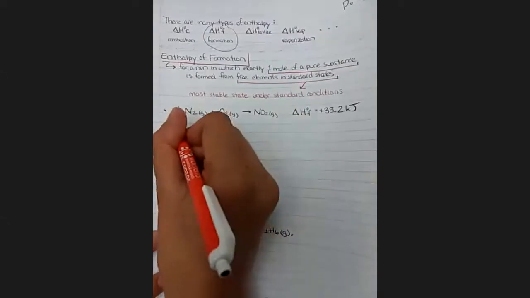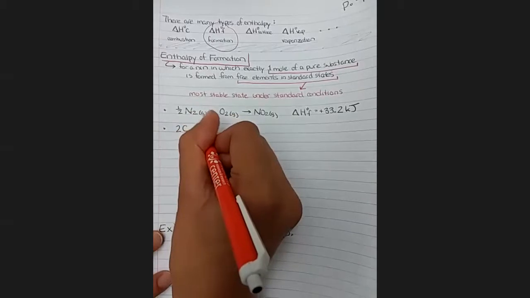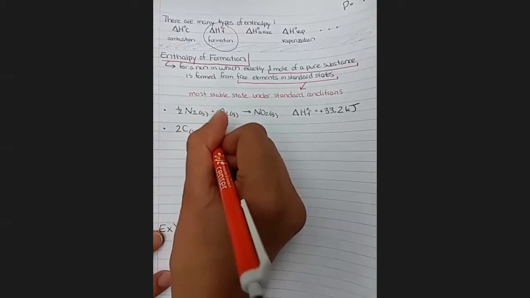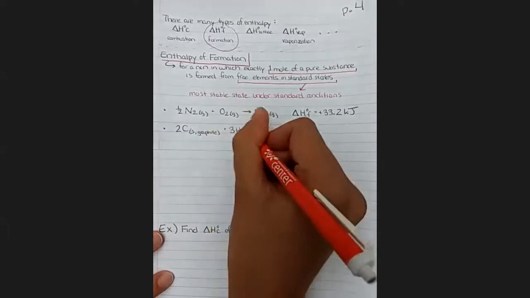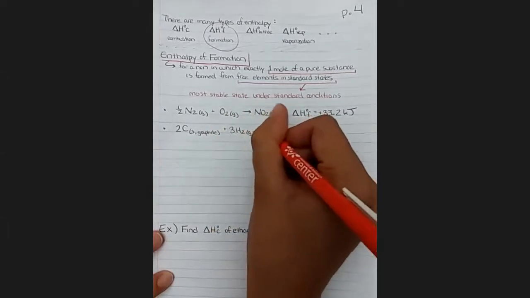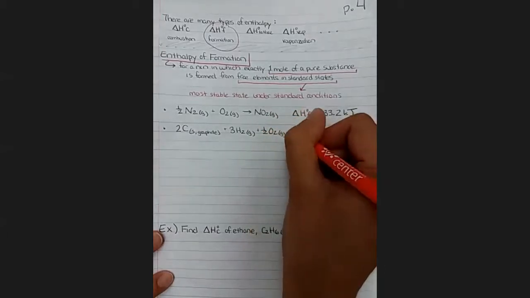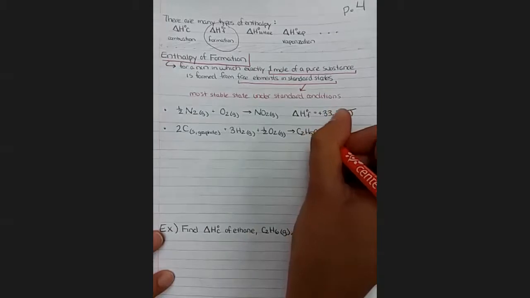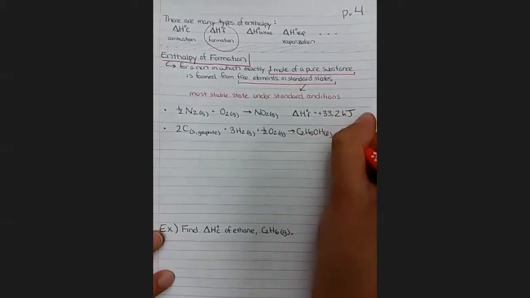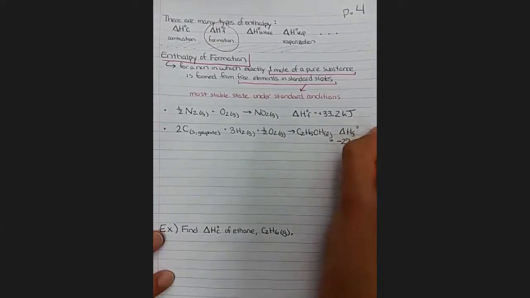Okay, let's do another one. 2 carbon, specifically graphite, plus 3 hydrogen, dihydrogen, plus half a dioxygen will form ethanol. Liquid, and that delta H of formation doesn't fit on that line. It is negative 277.